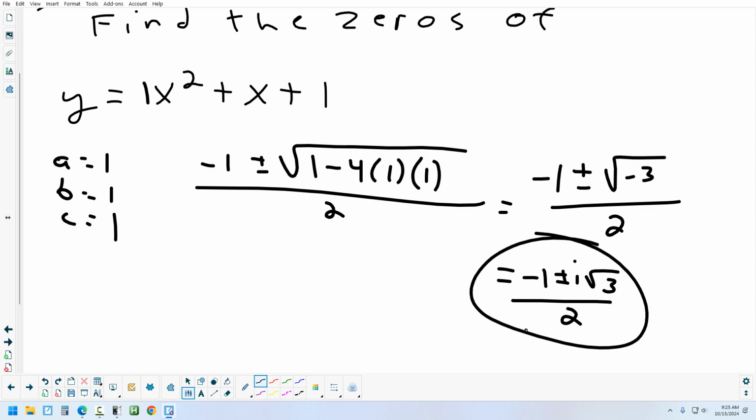If I wrote both of them, that number with the plus comma 0 and that number with the minus comma 0, would those be my x-intercepts? No, because they're imaginary. You're not going to see those on the graph. There is no way to get imaginary answers on your calculator, so you have to either factor or use quadratic formula. This is a parabola that never crosses the x-axis.